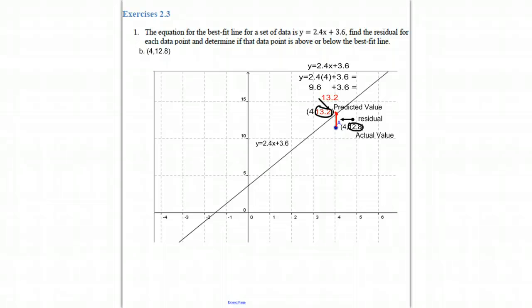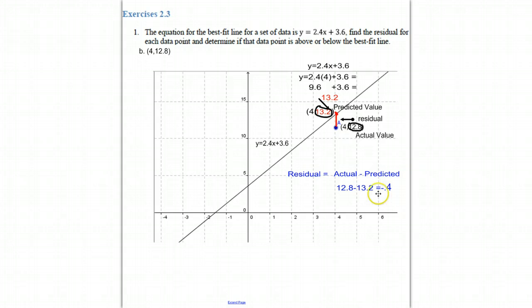And what we have learned is that the residual is equal to the actual data point minus the predicted, which is this distance. Now that we have the predicted value of 13.2 and the actual of 12.8, we can do the subtraction. So the actual being 12.8, the predicted being 13.2, that gives us a negative 0.4.